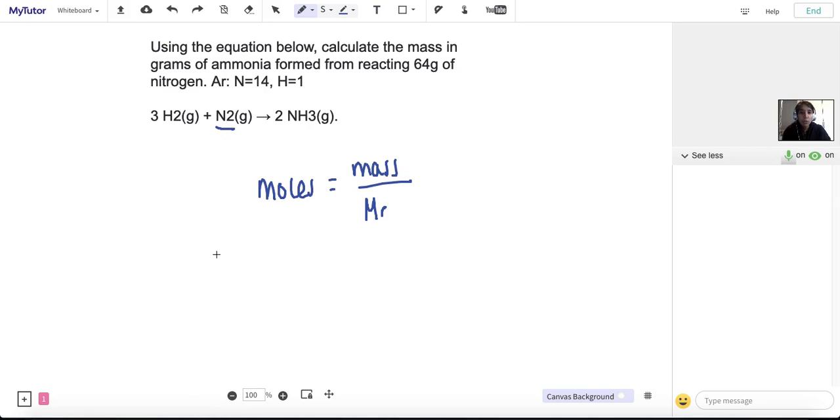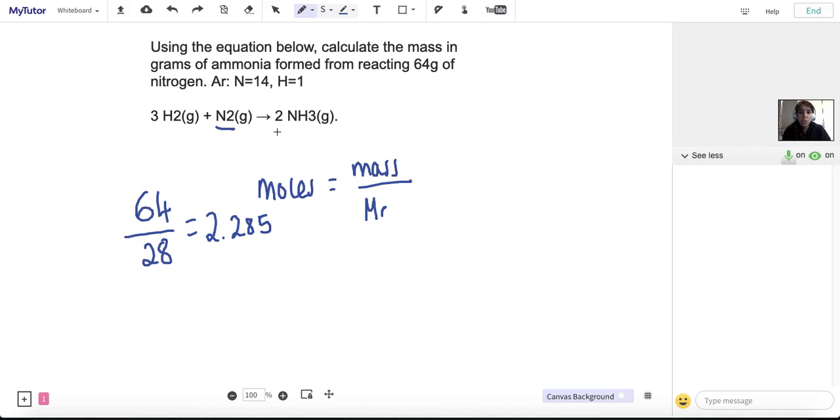So the number of moles of nitrogen is going to equal the mass of 64 divided by 28. And if you put this into your calculator, 64 divided by 28, you'll get 2.285 approximately. So now we know that there are 2.285 moles of nitrogen reacting.